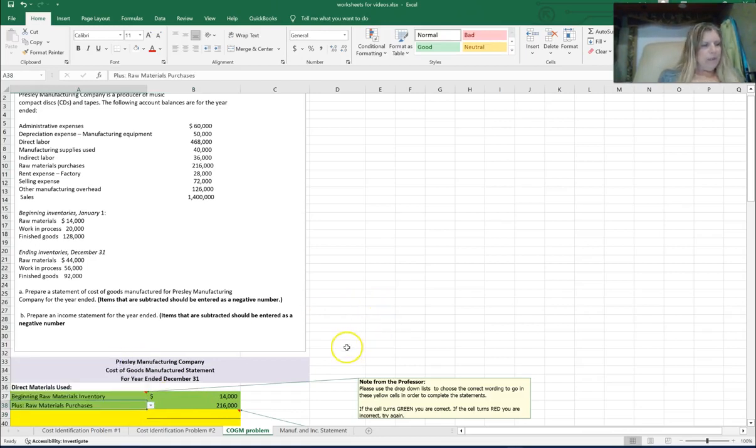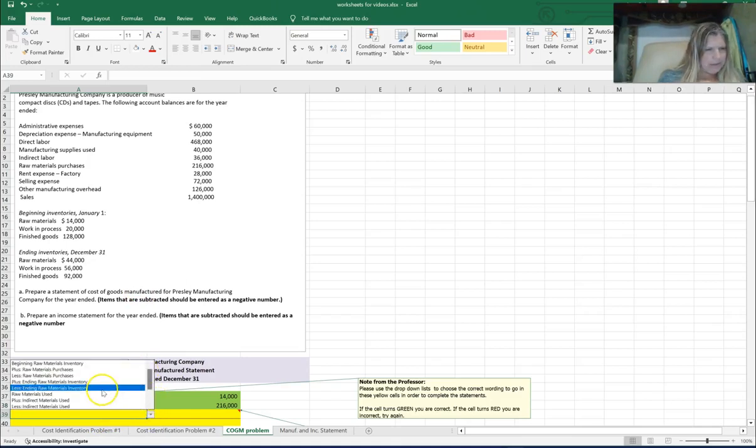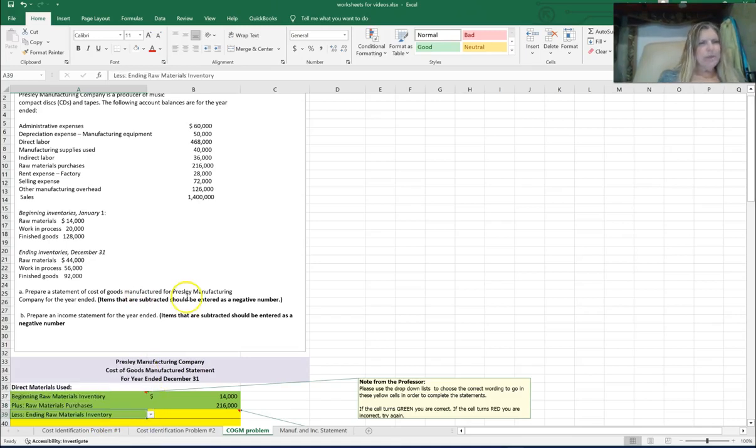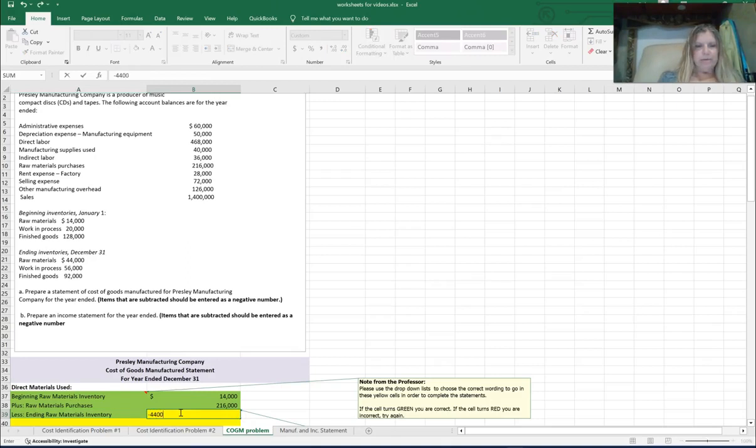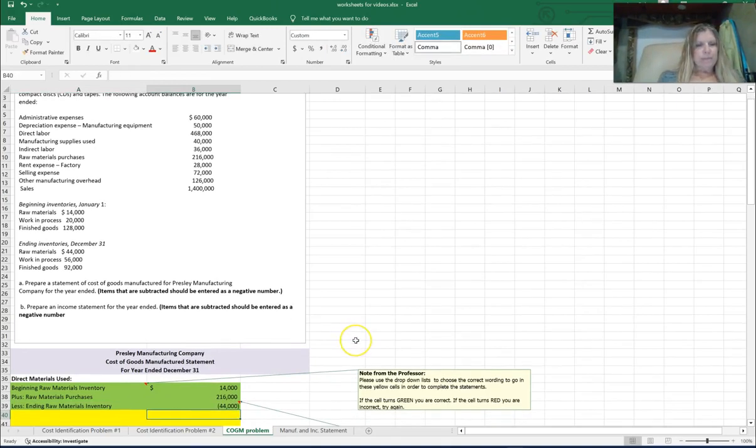And then the next line is you have to subtract your ending raw materials. So we have less ending raw materials inventory, and that is $44,000. Since it's being subtracted here, we want to put it in as a negative.